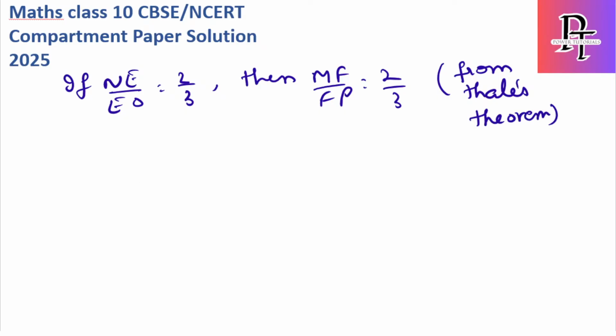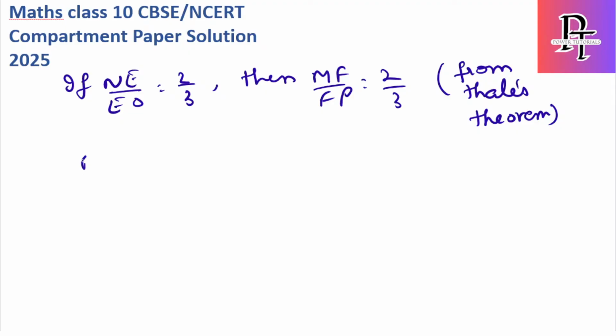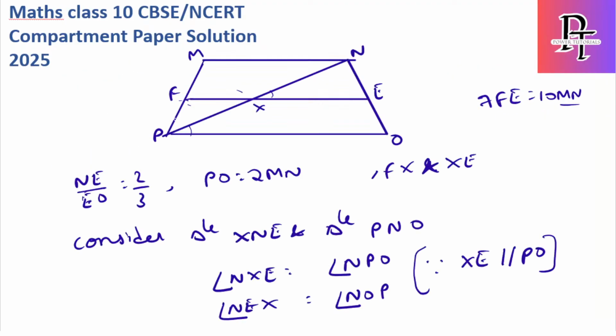Okay, so now consider the triangle MPN. It's not the BPT theorem, again the same similarity properties.